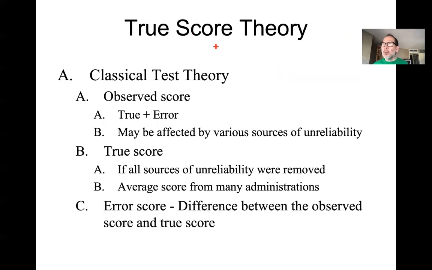Let's talk about true score theory. The idea underlying true score theory is that when you're measuring something, be it a temperature or personality or IQ or what have you, there's this desired absolute true score. This is your intelligence. This is your personality. This is your internal temperature, and so on.